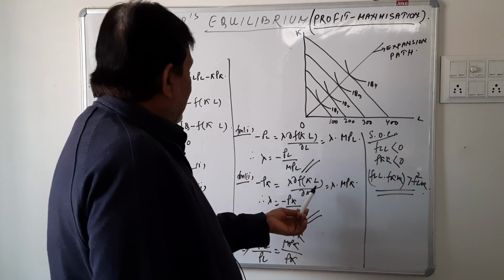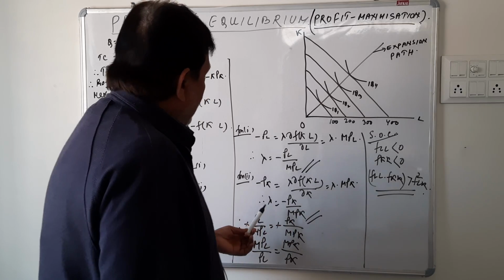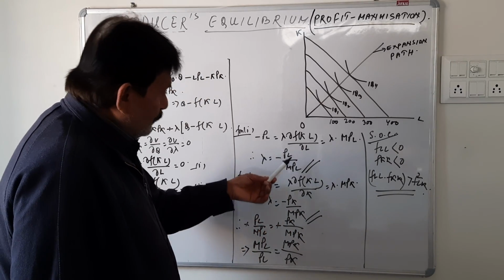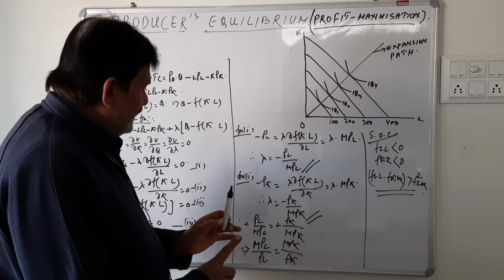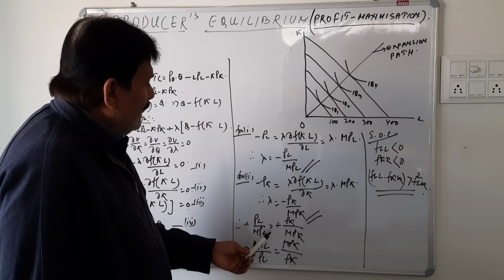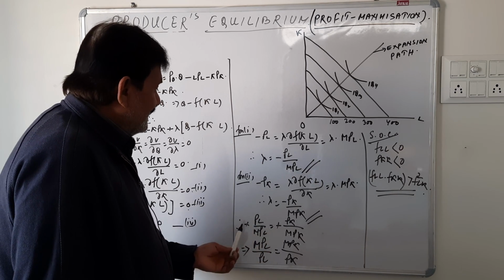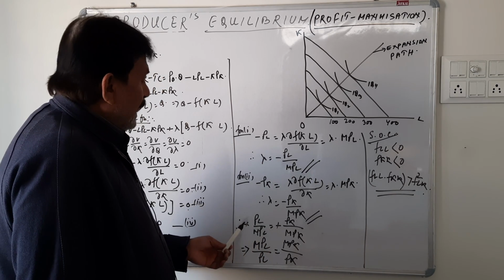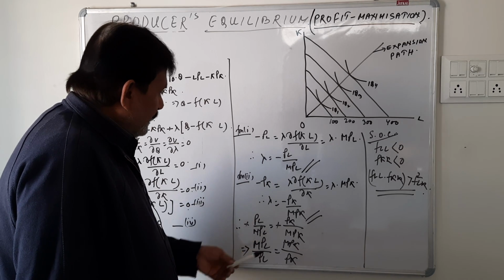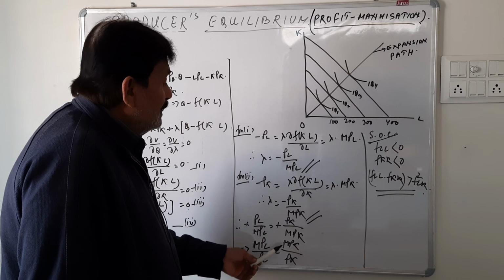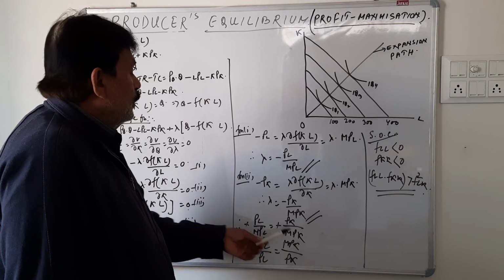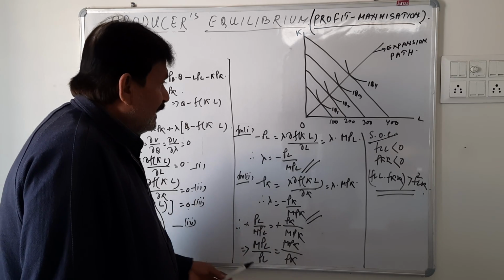So minus PK is lambda into MPK, so lambda is minus PK by MPK. Now these two values of lambda must be equated: minus PL by MPL equals minus PK by MPK. Both minuses are neutralized. And now if this is reciprocated, it is MPL by PL equals MPK by PK as before. This is the equilibrium condition for producer's equilibrium.